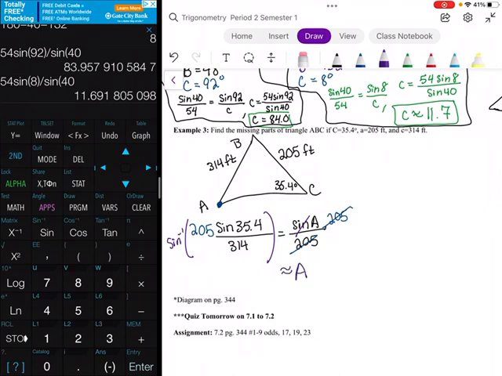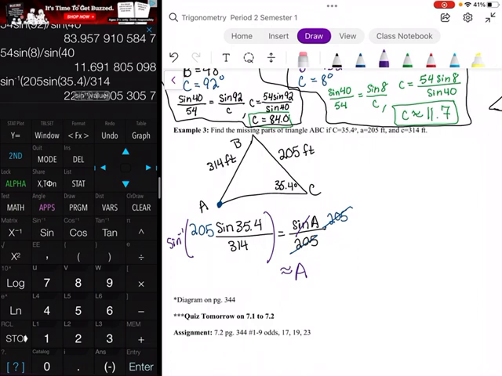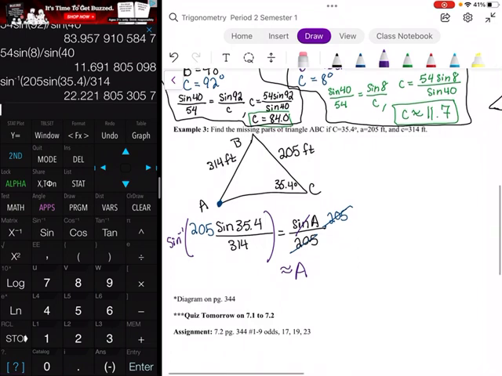So if we type that into our calculators, we will get our reference angle, and we can see if we're going to have one or two triangles here. And we got about 22.2, so we can just round this to the nearest degree again, about 22 degrees.